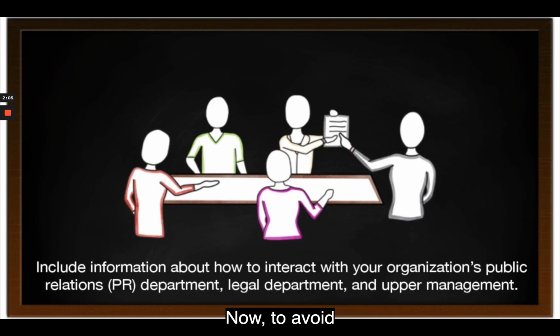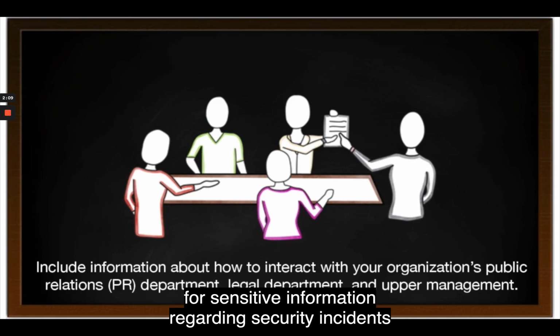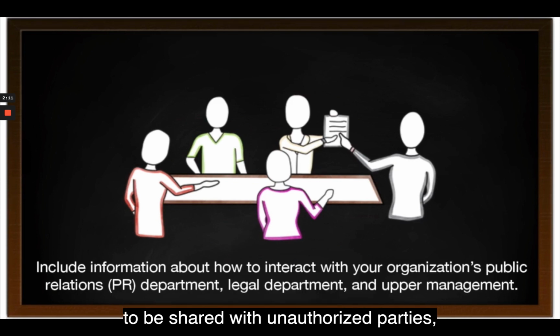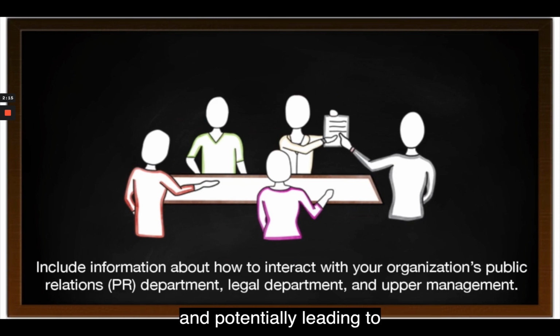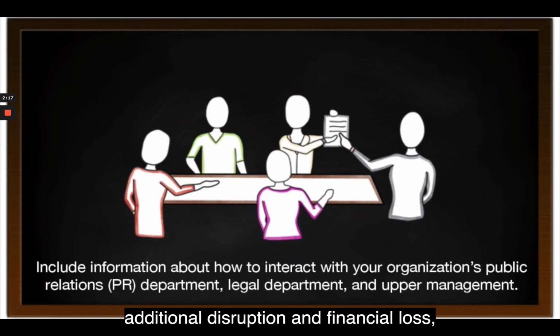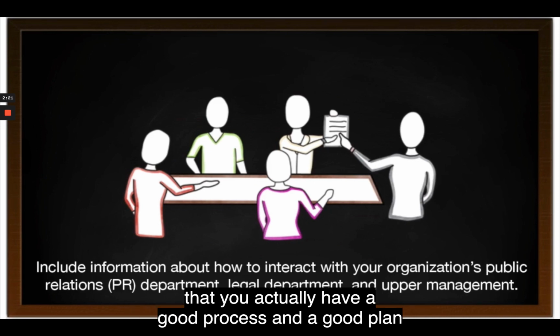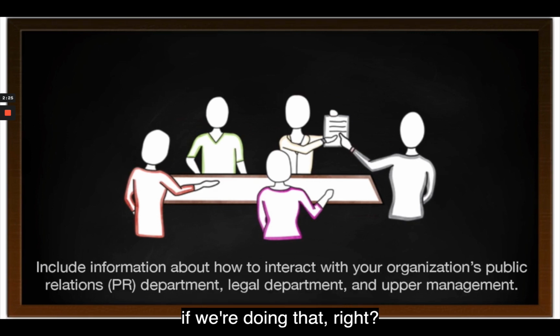Now, to avoid sensitive information regarding security incidents being shared with unauthorized parties and potentially leading to additional disruption and financial loss, right? That's why it's important that you have a good process and a good plan for doing that, right?